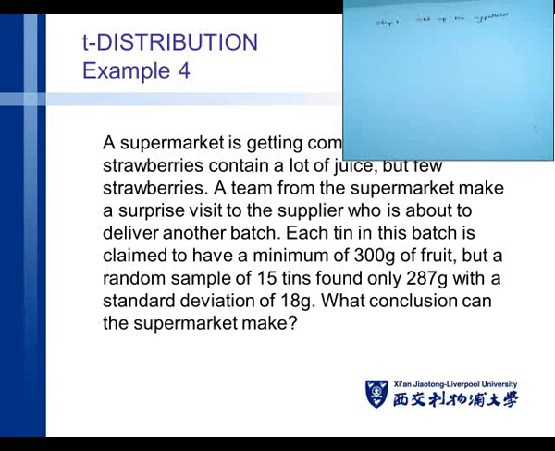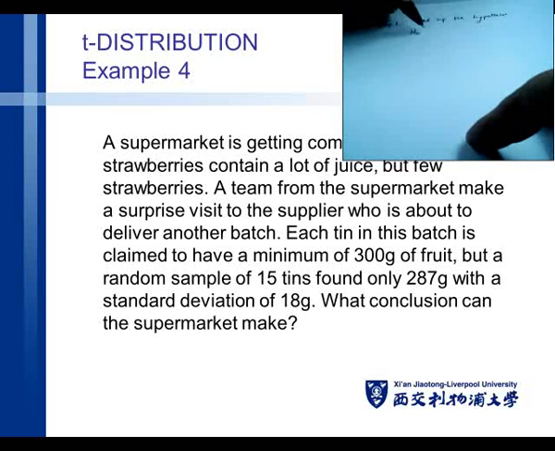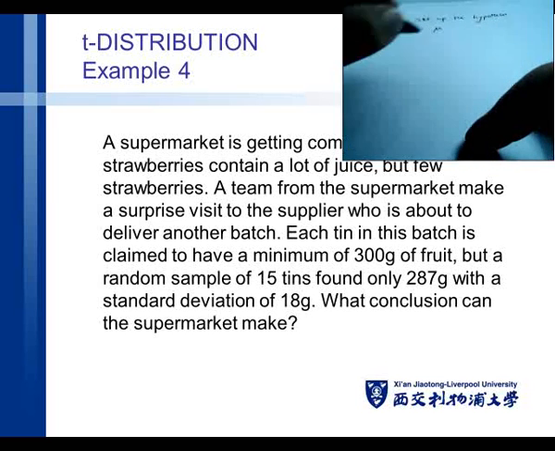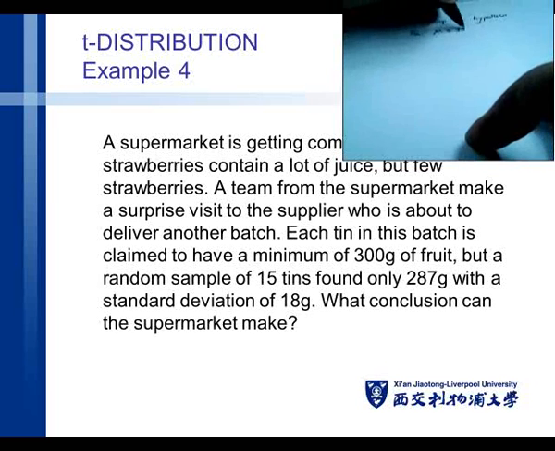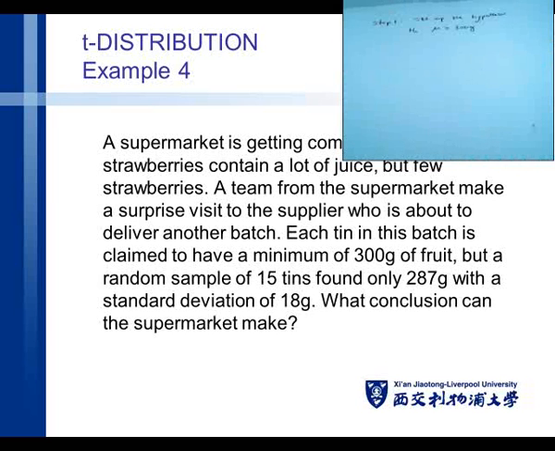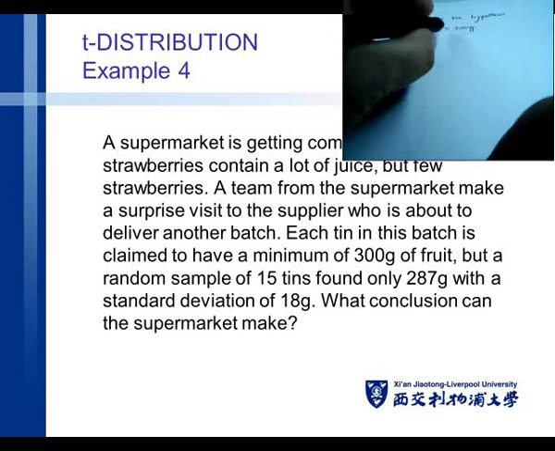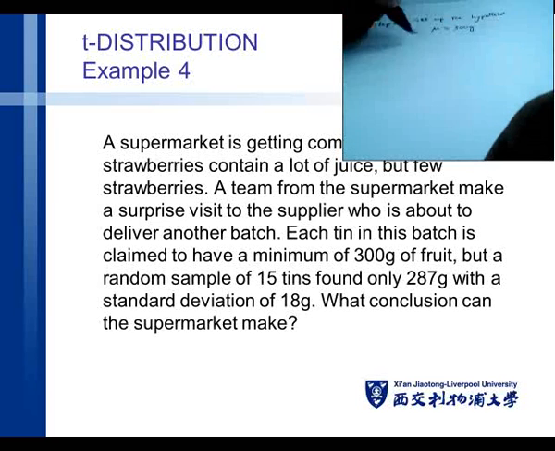So let's assume that it is big, and if we reject that, then we know that it is small. So let's assume that on average, each can has 300 grams or more of strawberries. Okay? And remember, the equal sign goes with the null hypothesis. The alternative is that the average is smaller than 300 grams.